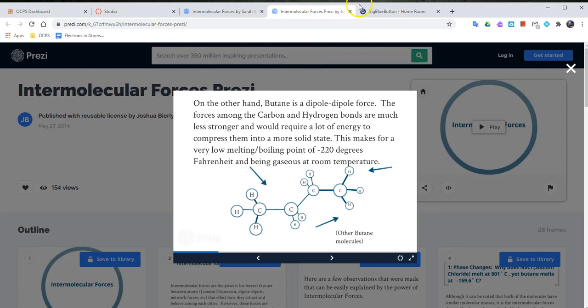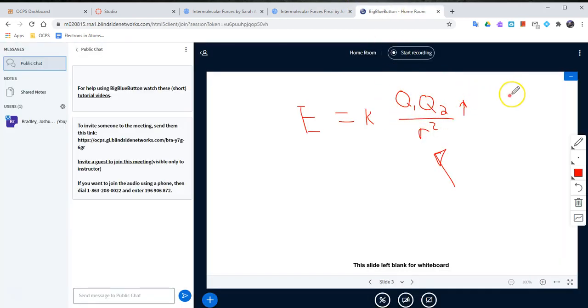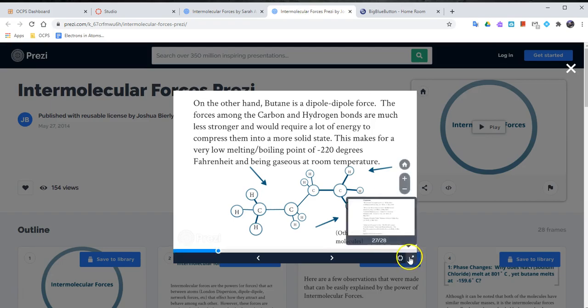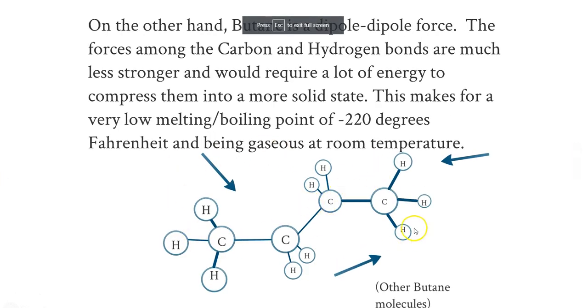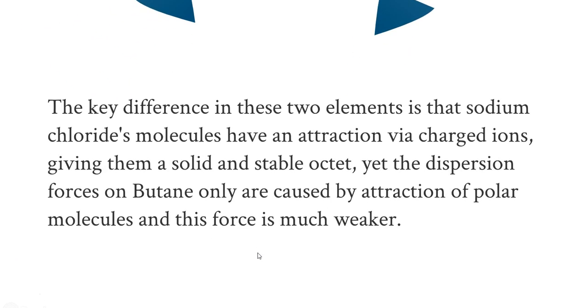So essentially, Q1 and Q2 end up being really small, so there's no charges going on this. Which means that the only thing that is affecting how this boils is how large it is. Okay? Which means that a lot of organic compounds like this that are really, really large, their boiling point is going to be dependent upon how large they are, and that's the only real factor that affects them. Okay? And yeah, this is exactly what this one says.